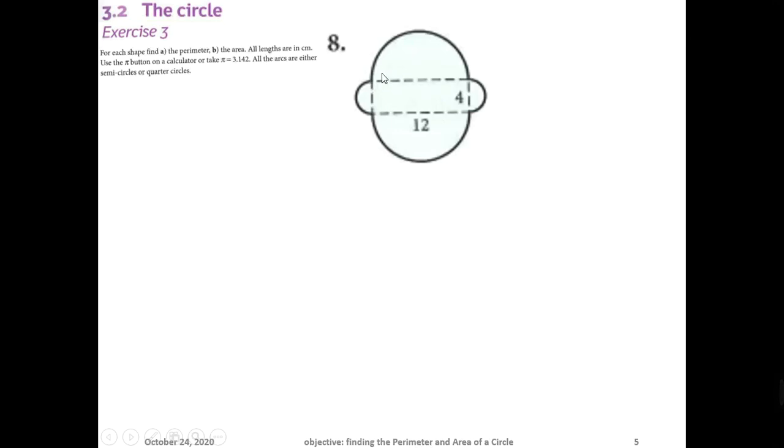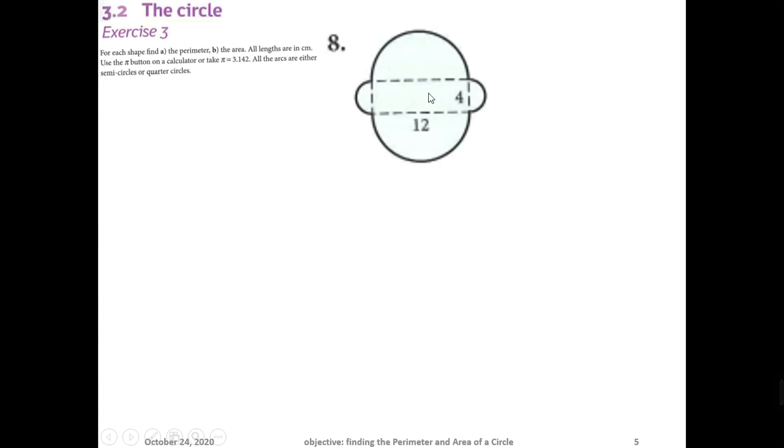As you can see here, we have two typical semicircles. So if you calculate the length of this arc, it's going to be equal to the length of this arc as well. And another two typical small semicircles. So if you calculate the length of this arc, it's going to be exactly the same as the length of this arc.